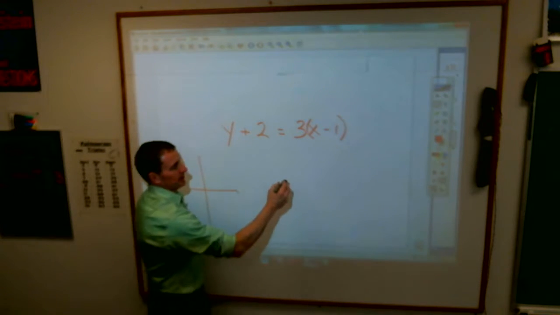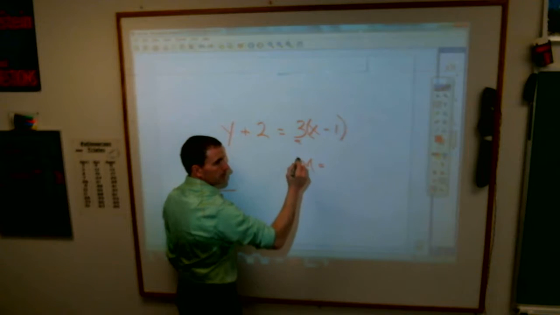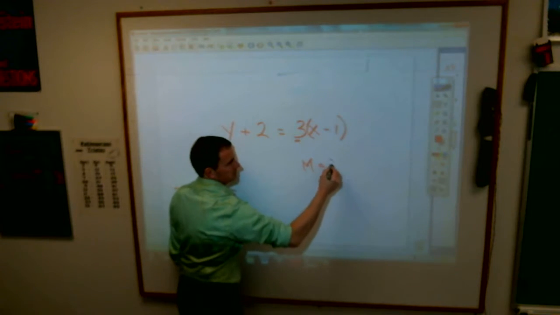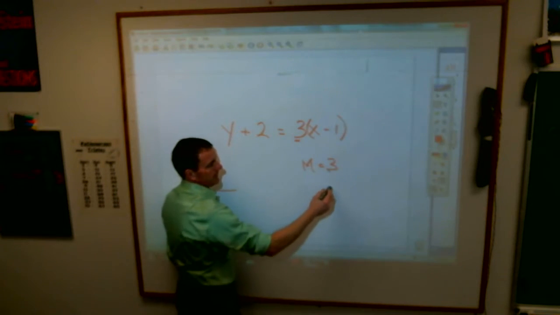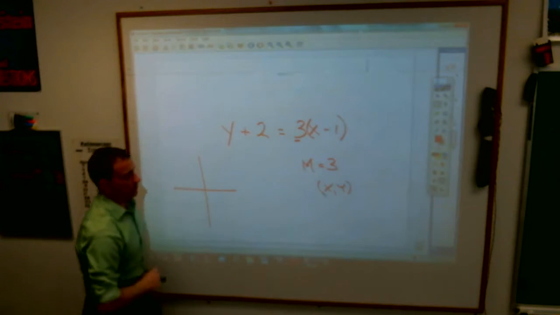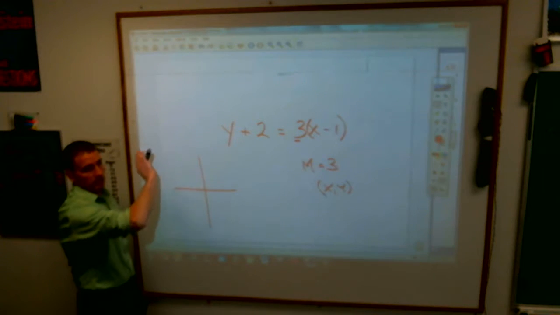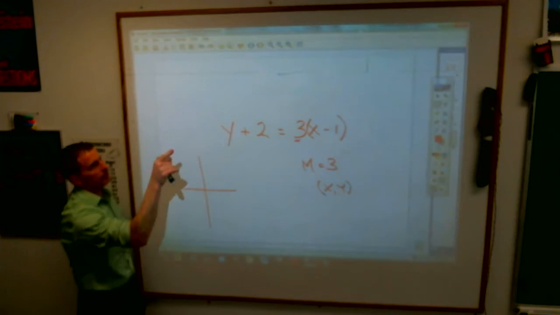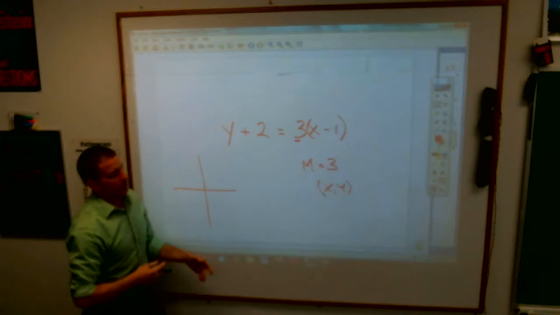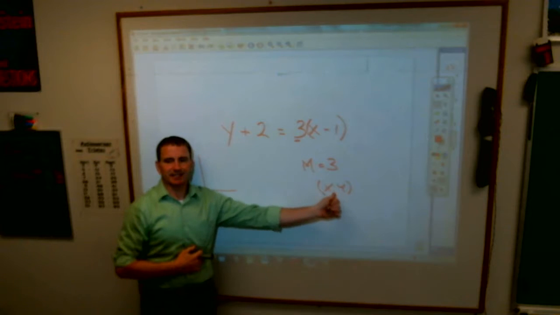So first of all, what is my slope? Now I just need an xy point. Once I know one point, I start at that point and I go up 3 over 1, and that's my slope. What is one xy point on that line?